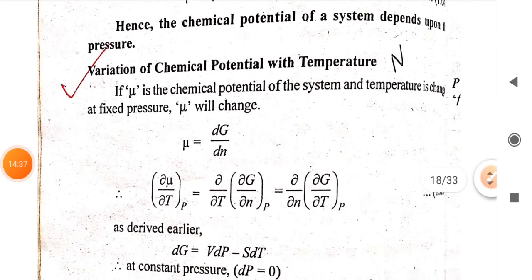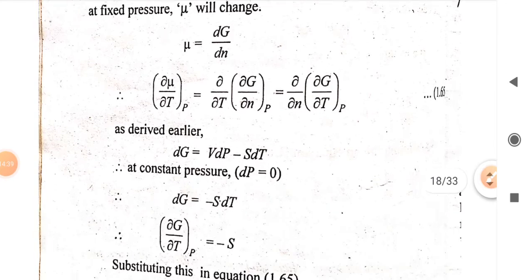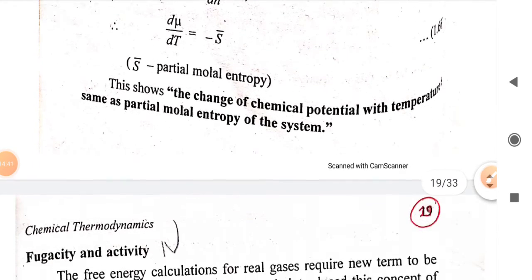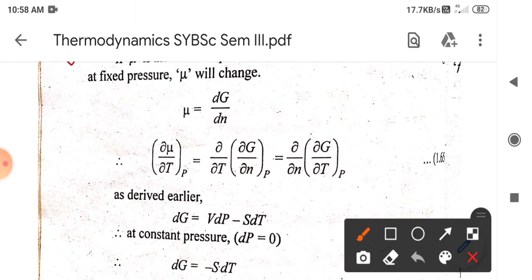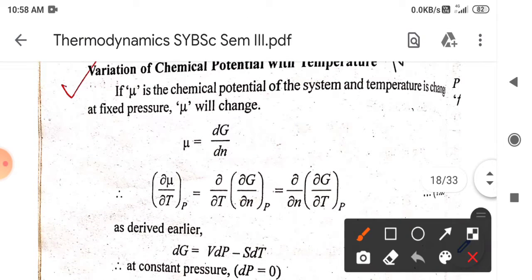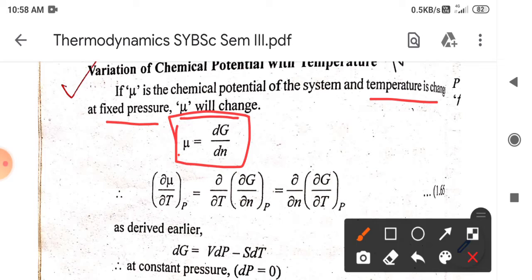Now next is the variation of chemical potential with the temperature. This chemical potential value again changes with the change in temperature at a fixed pressure value. So we will consider first again that mu equals dG upon dn.